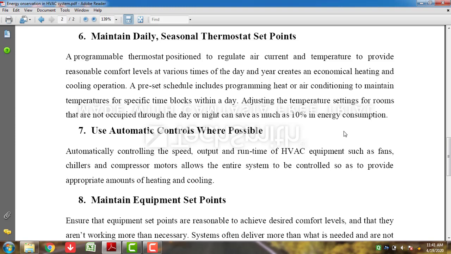Next point, which is not mentioned over here, we discussed in the classroom that you can put your air conditioner on sleep mode. Sleep mode, why? Because at night time, from 2 a.m. onwards, the temperature starts decreasing. At that time we don't require the air conditioner to be on the same temperature, right?